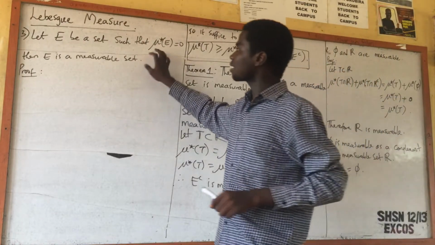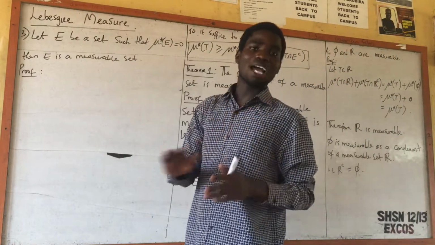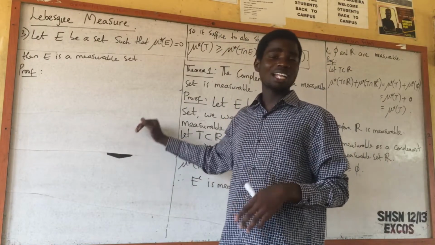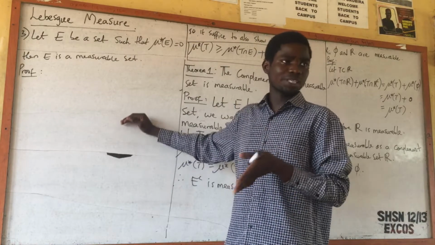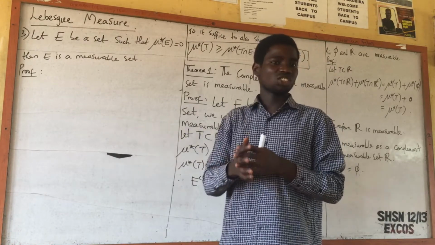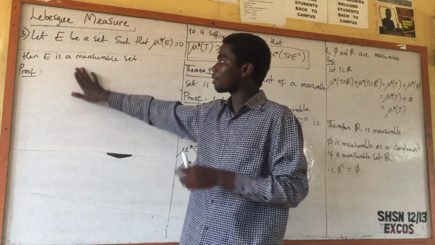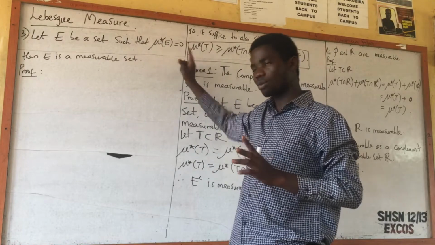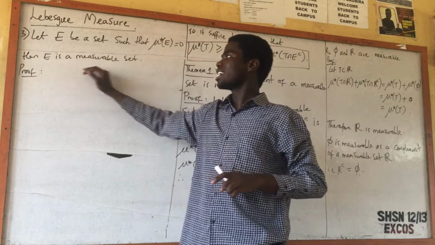Now, today I have defined measurability, where a set is said to be measurable from the Caratheodory condition that the outer measure of T is equal to the outer measure of T intersection E plus the outer measure of T intersection E complement. But from here, let E be a set so that the outer measure of E is 0. Then we want to prove that E is measurable.